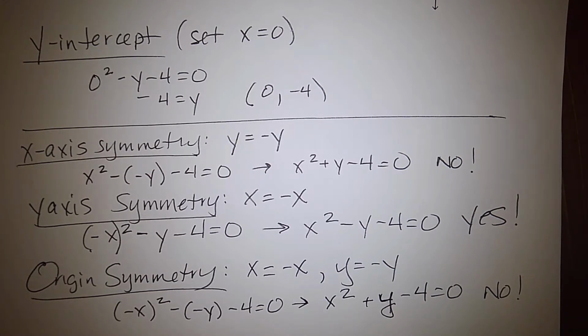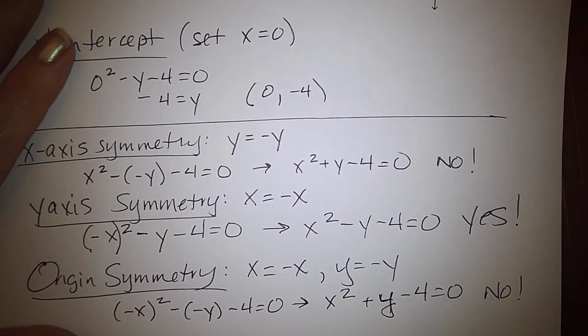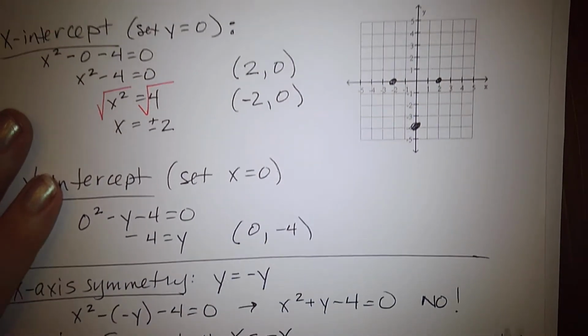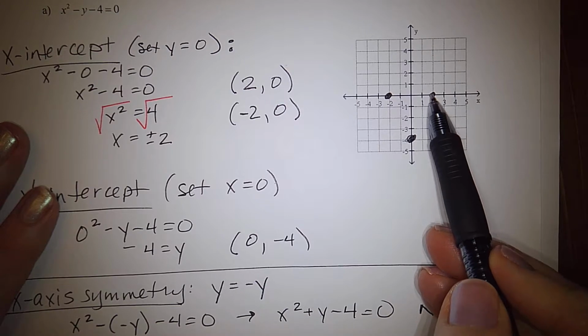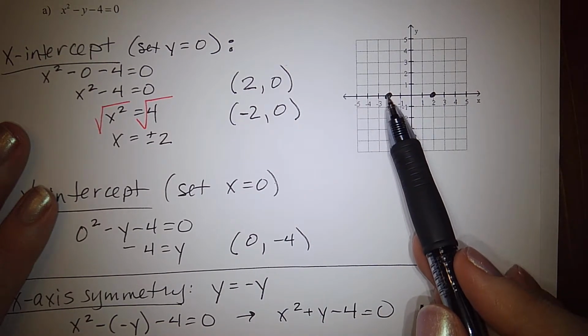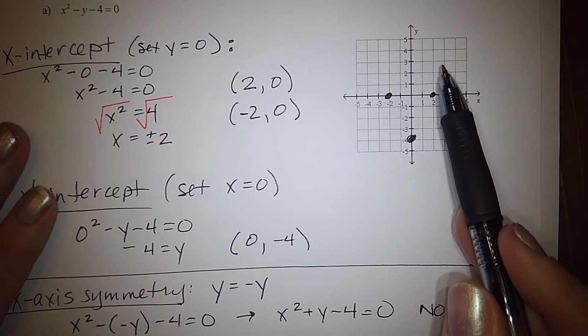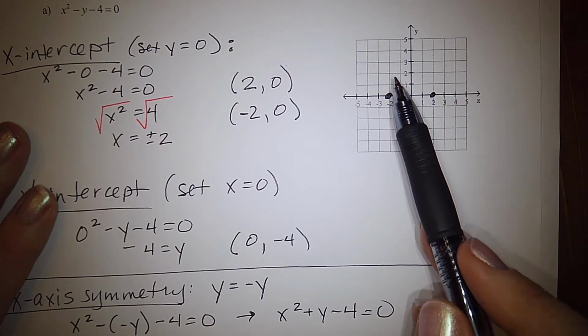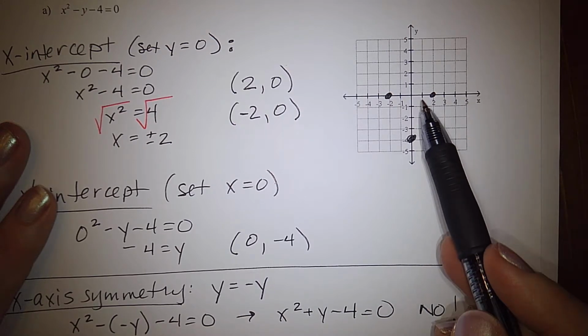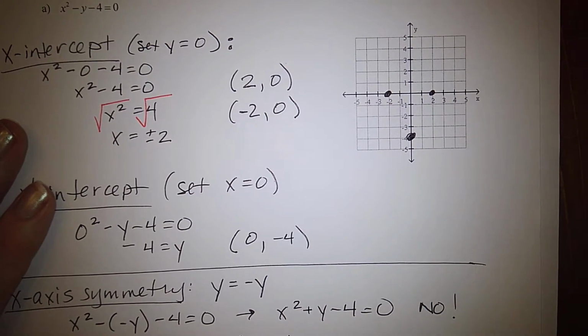So looking at your graph and knowing everything that we know to this point, the only type of symmetry we'll have is y-axis symmetry. So every point on this side will also be over here. I think it's fairly clear that this is going to be a parabola, but to be sure, I want to find maybe one or two other points. So let's find one other point.